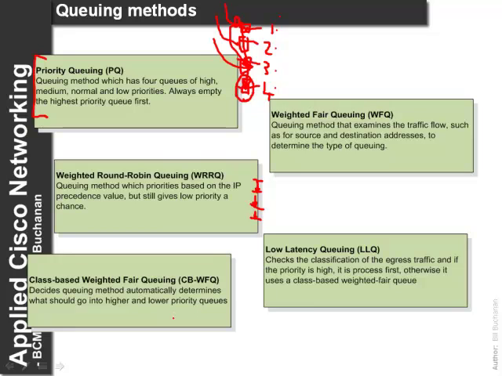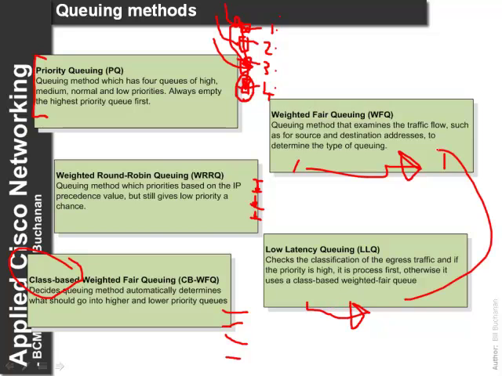For class-based, we can automatically determine what traffic should go into what queue based on the classification of it. For weighted fair queue, we can define where the traffic is coming from and where it's going to, and determine the queue for that traffic. And then there is a low latency queue where if the priority is high, it will always be processed first. Otherwise it goes back into the weighted fair queuing.